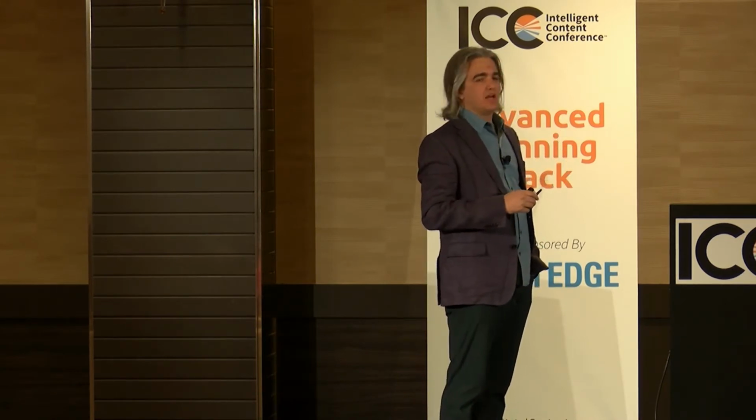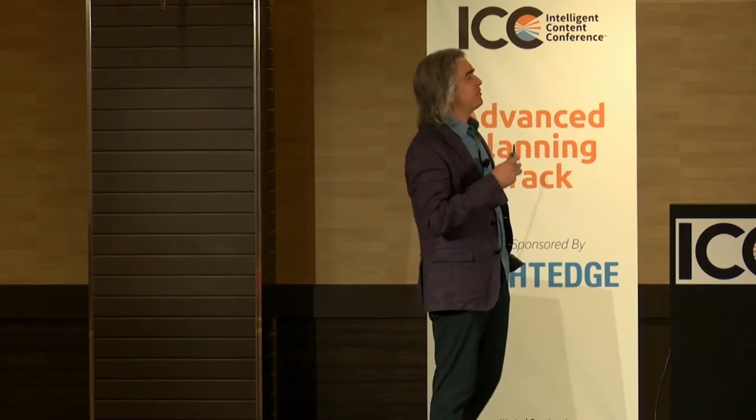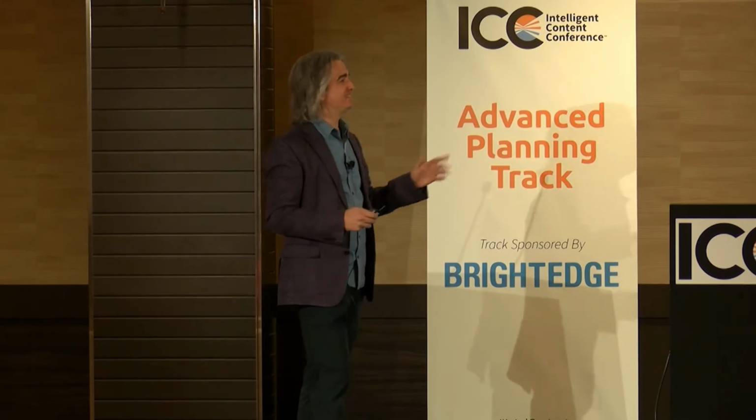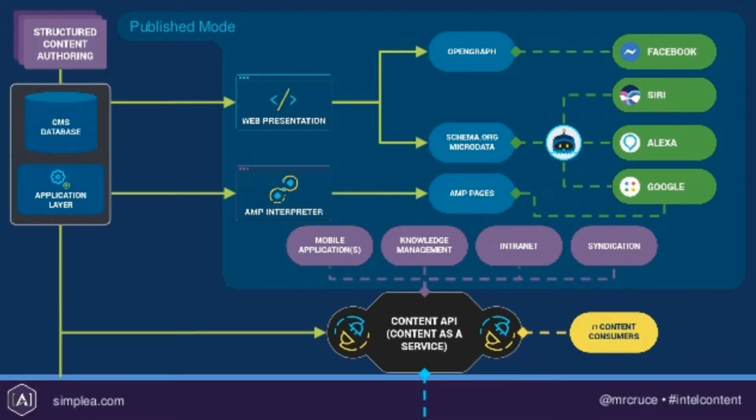Open Graph is another microdata format that allows us to take our content and output it to Facebook and other social media destinations where they can consume our content and repurpose it inside of their platforms. AMP Pages came along.